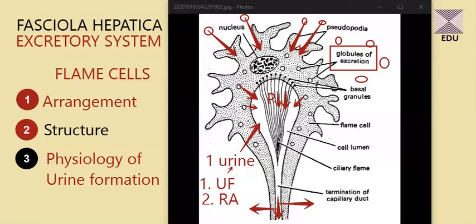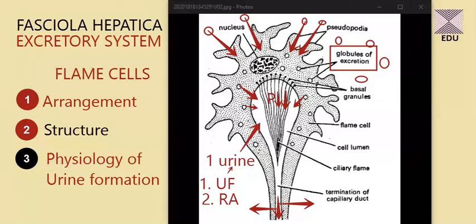This final urine will go out into the excretory tubules, then to the trunks, then the urine will go to the main longitudinal excretory canal, and it will go out of the body of the Fasciola hepatica. So students, that was the physiology of urine formation.